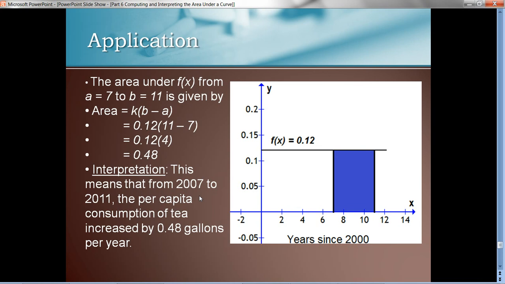In other words, during that time, on average, each person drank about a half a gallon of tea more each year. All right? So again, we're not worried about tea consumption and that kind of thing. We're just getting the idea that the area under a curve has numerical meaning, and that's important to us for probability. So there you have it. That's Essentials of Statistics.